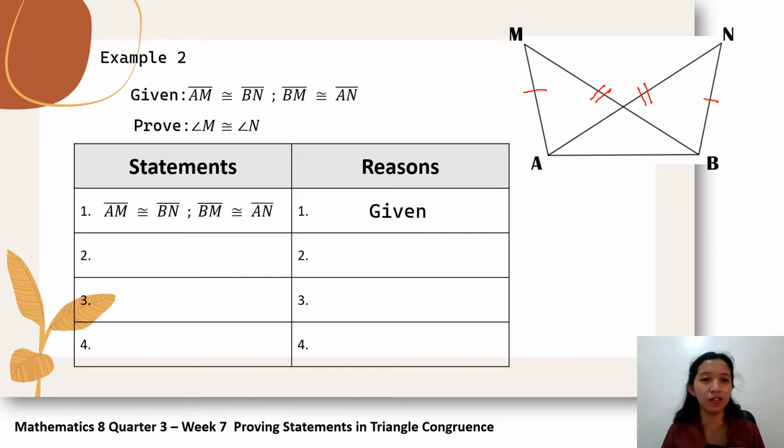Always remember that the first thing to do is to prove that the two triangles are congruent. And as you can see on the figure, we already have two congruent parts. So let's analyze the figure again and find where the third congruent part of the two triangles is. So where do you think it is?